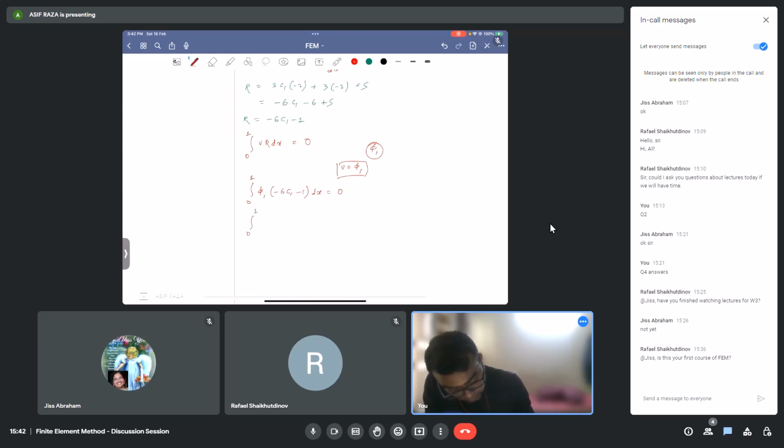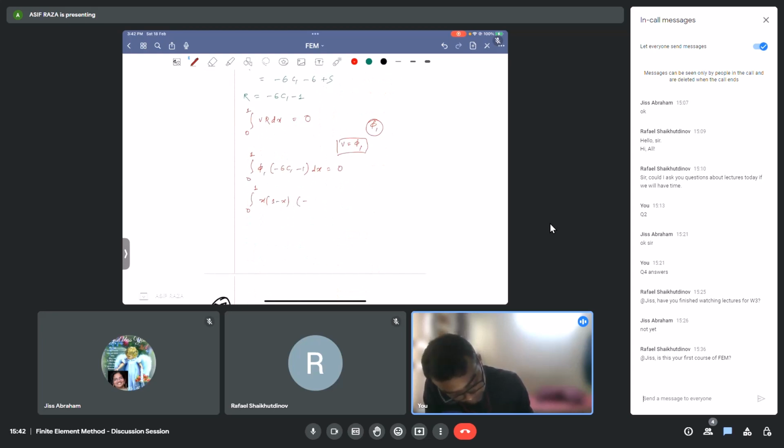So phi 1 is x times 1 minus x, times minus 6 c1 minus 1, dx equal to 0. So this is equal to, I can take minus 6 c1 minus 1 outside, and integral from 0 to 1 of x times 1 minus x dx.